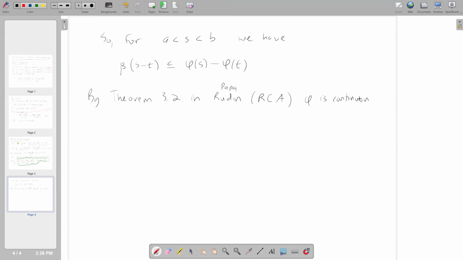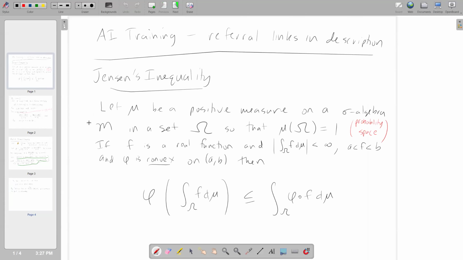So phi composed with F is measurable. We already had F measurable. I guess I should have said that more explicitly.